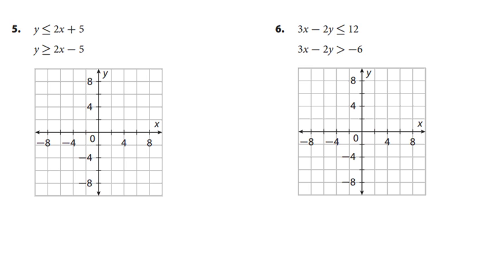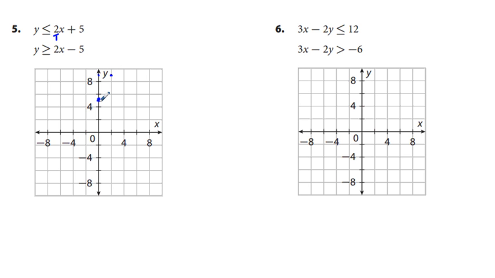Next, on our problem 5, we have y is equal to or less than 2x plus 5, and y is equal to or greater than 2x minus 5. Well, we can just find the y-intercept right off the bat for this one. We go up to +5, and we have 2x, which is 2 over 1, so we go up 2 over 1.